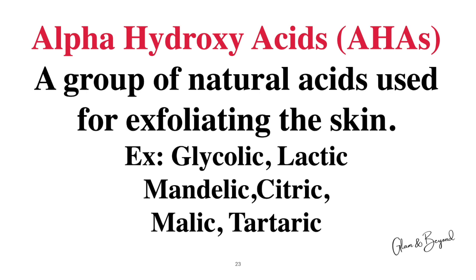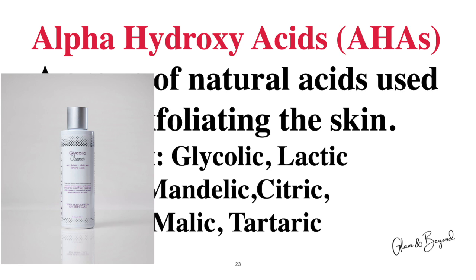All of these that are listed here are AHAs, also known as alpha hydroxy acids. So when you see them in skincare products, glycolic, lactic, any of these, just know that they're going to bring some type of exfoliating benefit to the skin.